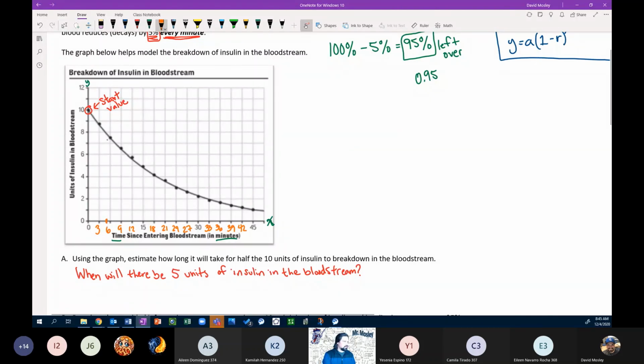Follow that up to our graph, and then hit right about here. That's maybe 7.5 units of insulin. 5 minutes doesn't quite get us there yet.